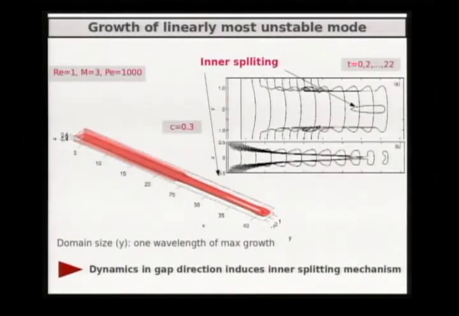What drives the formation of this instability? We see that the thickness of the interface becomes thinner and thinner with time, eventually leading to a pinch-off. When that happens is when the inner splitting is characterized.